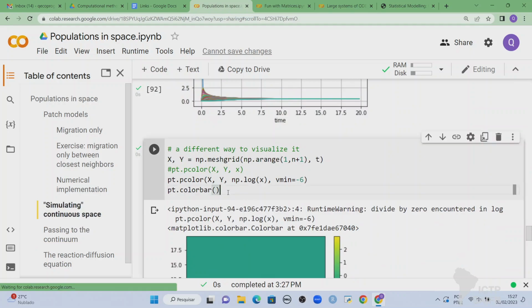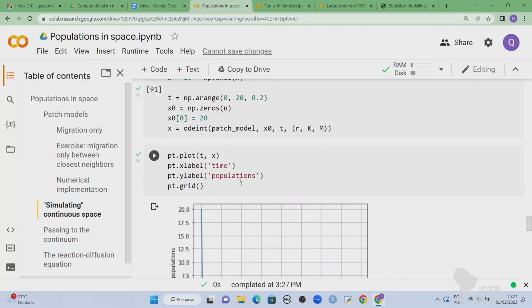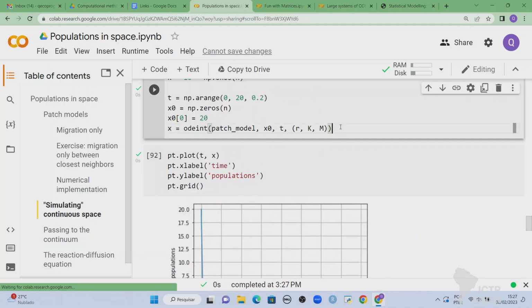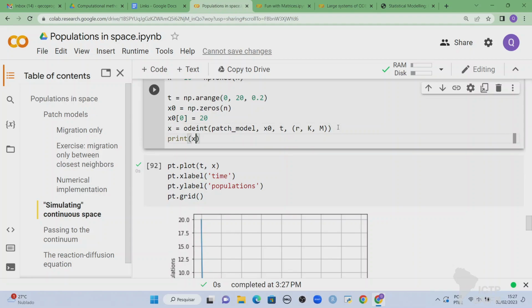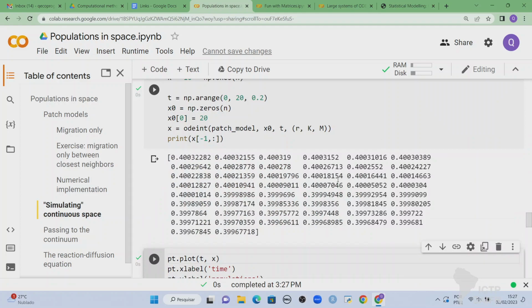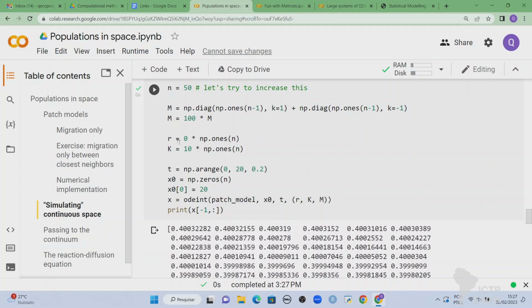If I print the last values, which is something I should have done also, you see that they're all very close to 0.4. That means with 50 patches and an initial population of 20, 20 divided by 50 is 0.4 per patch. So the population at the end is evenly spread.